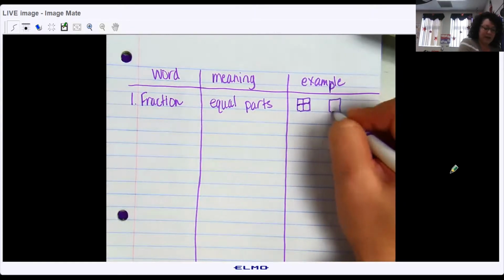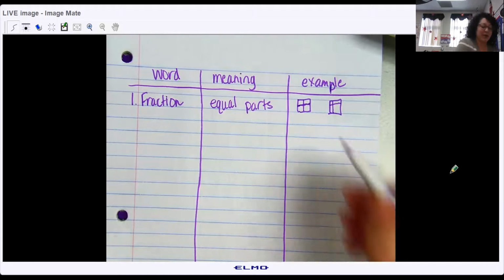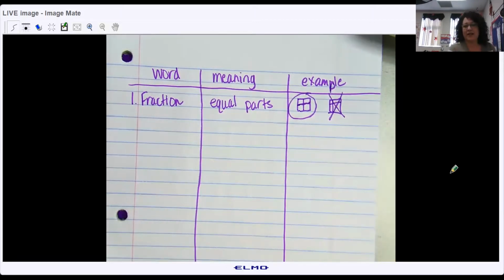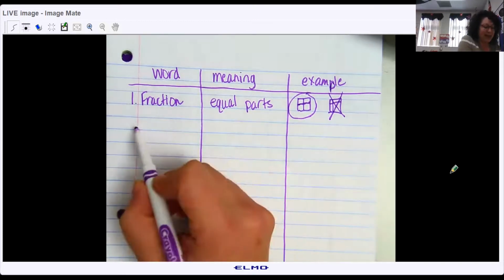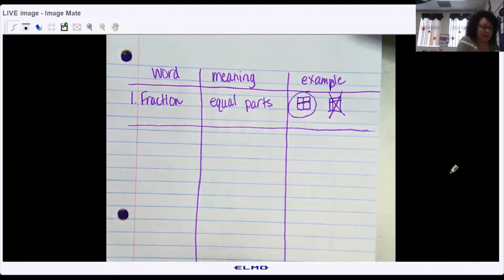But if I drew this square, are those boxes equal? No. So this is correct. That's a non-example. Okay? So that's the most important thing you need to remember about fractions. Equal parts. Same.